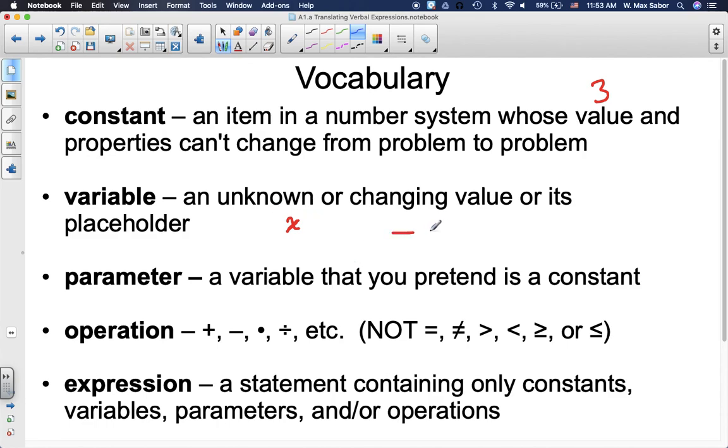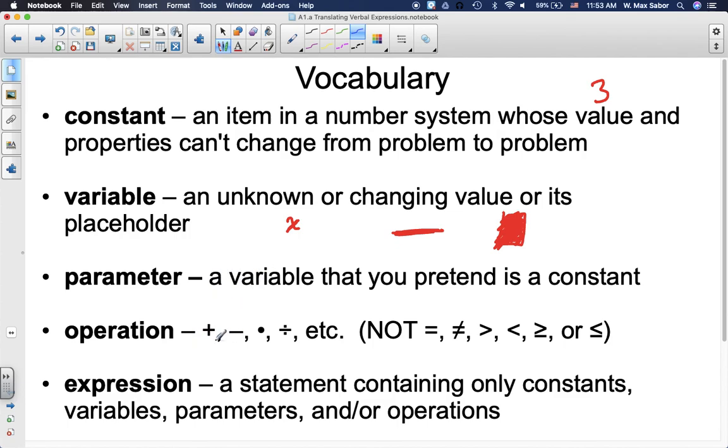Historically, you might have seen this in lower grades as a blank or a shaded in box, saying you don't know what this thing is, find out what this thing is. Well, x is usually what we'll use to represent some unknown thing. A parameter is a variable you pretend is a constant. You have something that we don't know, but you also say that it can't change. That's much easier to explain when you see an example.